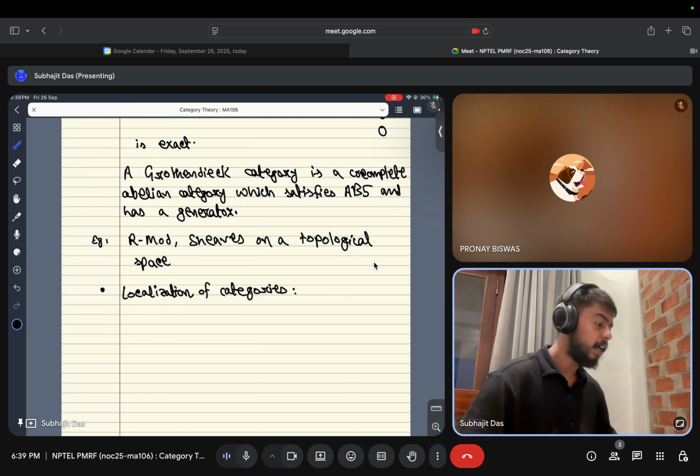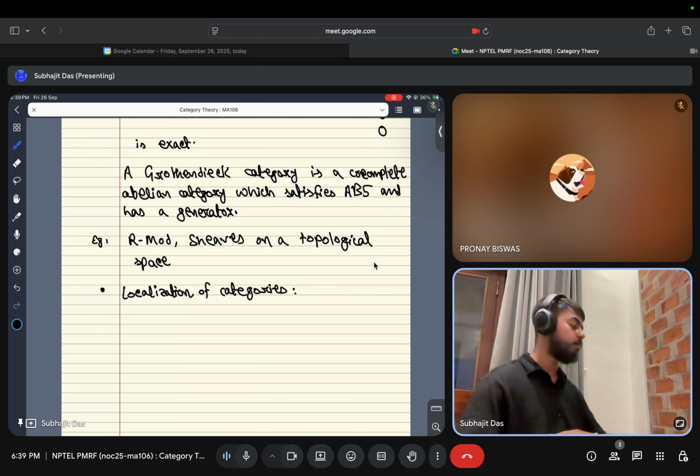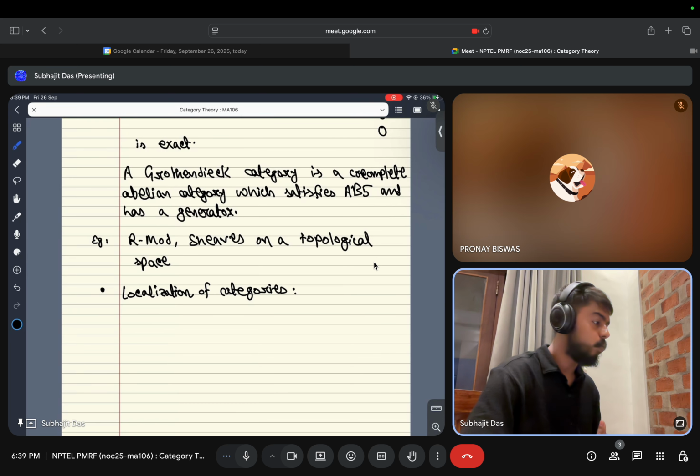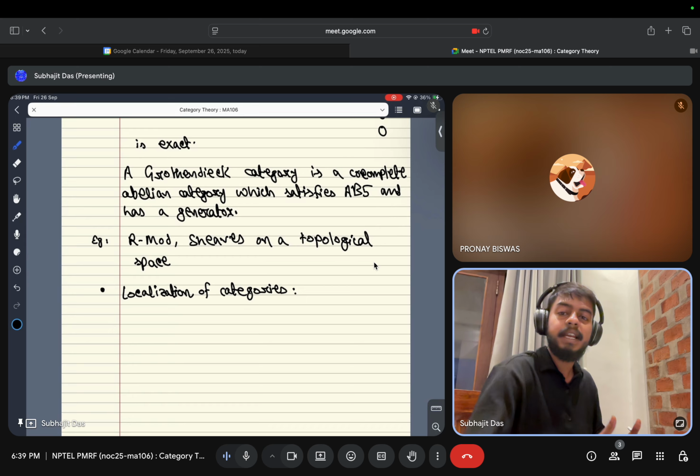Rings can be thought of as one object categories. They are precisely one object pre-additive categories, right? One single object ringoids. So what do we do in localization? We demand that certain elements should be made invertible. So we want to obtain some new ring in which certain specified elements are invertible. The same thing happens in the case of categories as well.